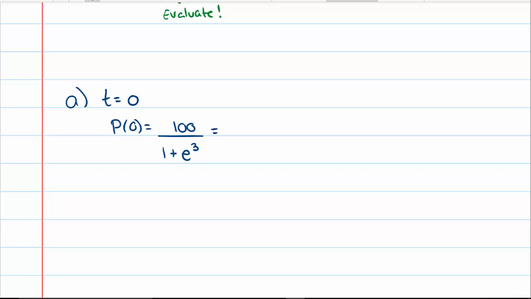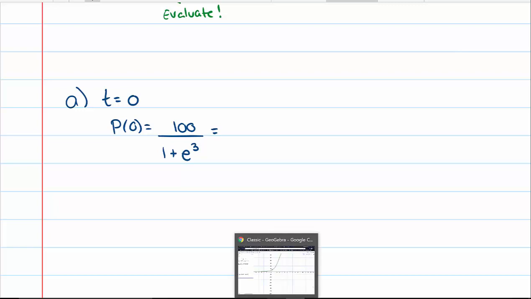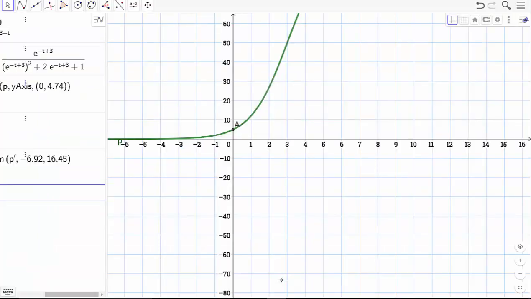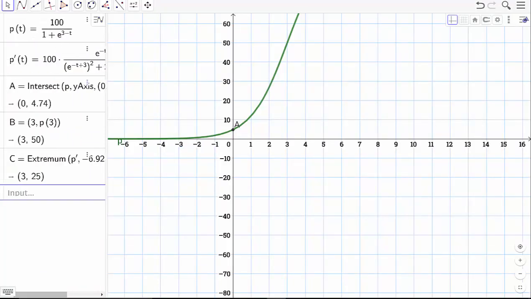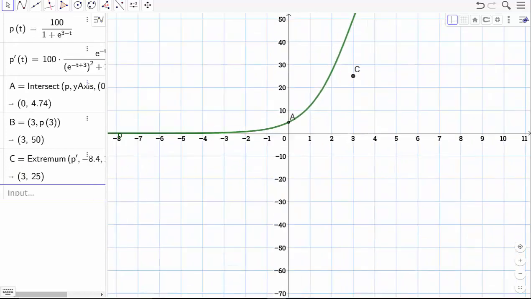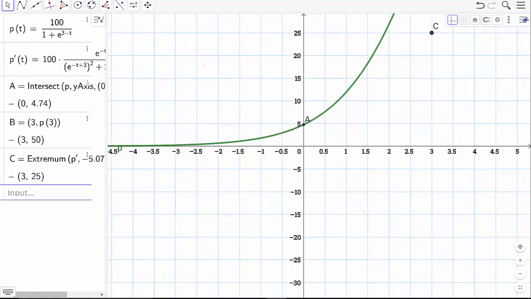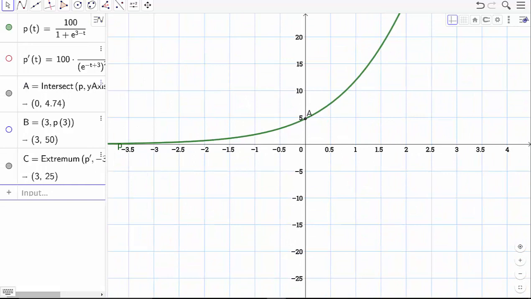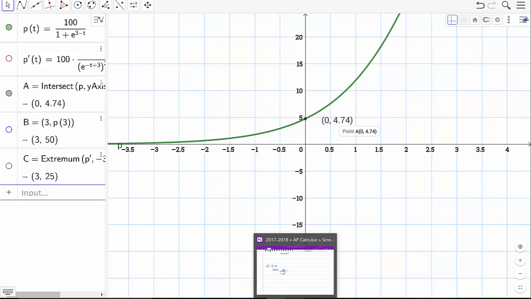Just type that into a calculator. Here's my graph. As you can notice, I already went ahead and graphed it. So right here at this point A, we have the value of 4.74.